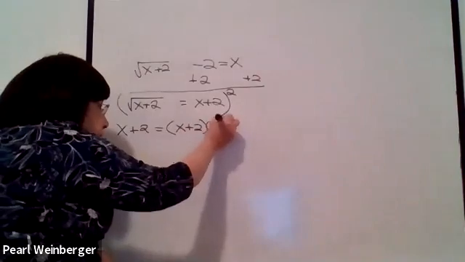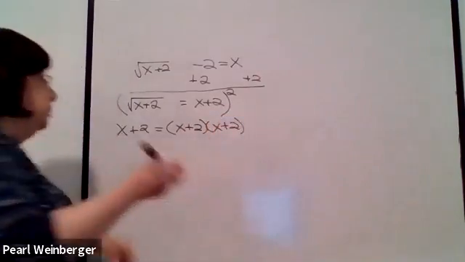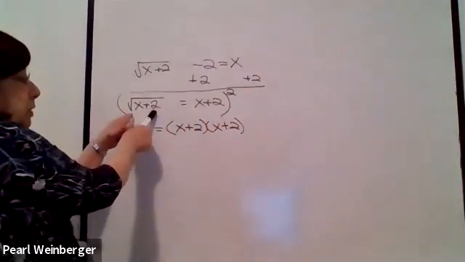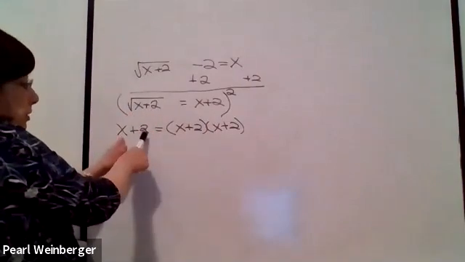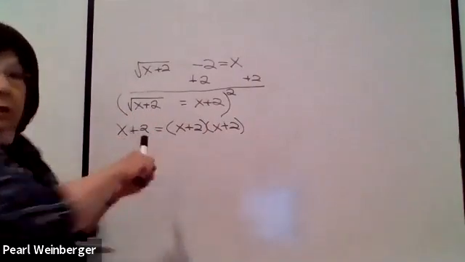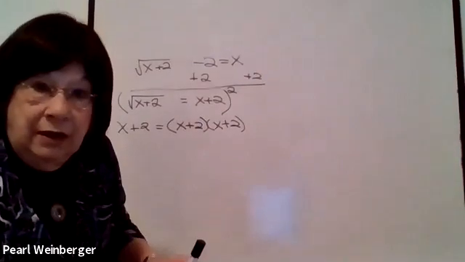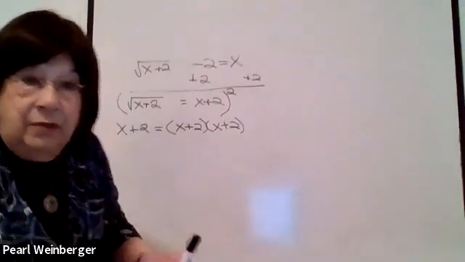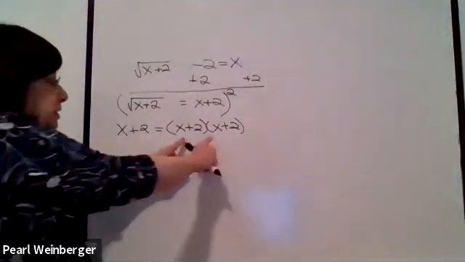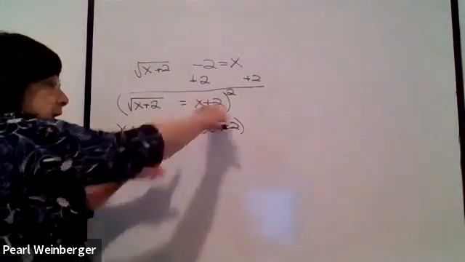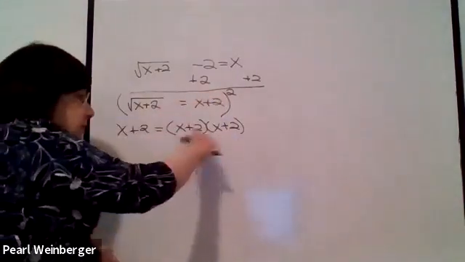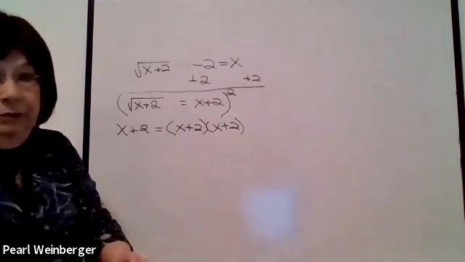I have to multiply x plus 2 times x plus 2. So again, this side, when I multiply it by itself, just gives me what's inside the radical. But this side that has no radical in it has to actually multiply it out.